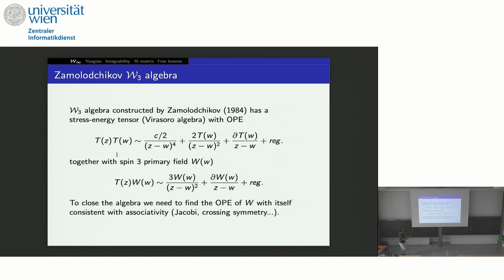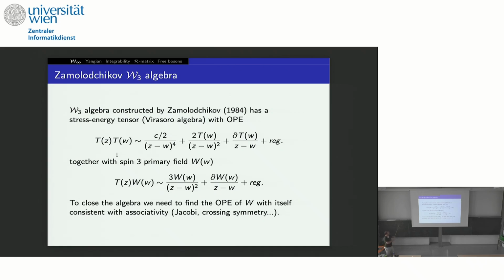So what he considered was this Virasoro algebra written in the form of operator product expansions, like in conformal field theory, and then he tried to extend it by an additional field of dimension 3. And he chose this field to be a spin 3 primary, so that immediately tells us what is the operator product expansion between the stress energy tensor and W. But in order to close the algebra, he also needed to write the OPE of W with itself, okay?